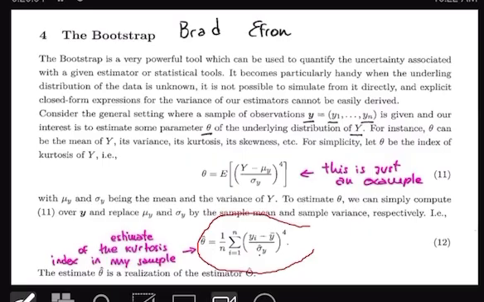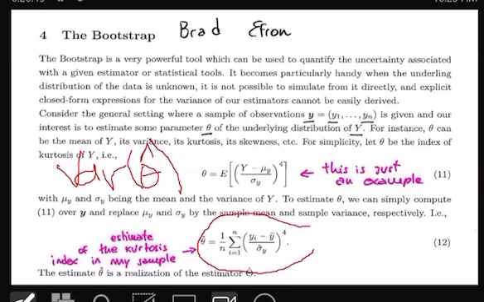I need the variance of equation 12, the variance of theta cap. Now, the variance of theta cap, considering equation 12, is not in closed form. It's complicated. And that is the reason why we need a bootstrap here.